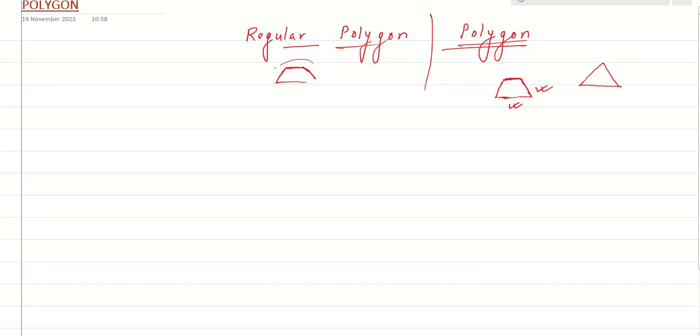That is called regular polygon. So which triangle is a regular polygon? If given a regular pentagon, all the sides must be equal. If hexagon, all sides are equal. Pentagon, all sides are equal. That is called regular. Okay.